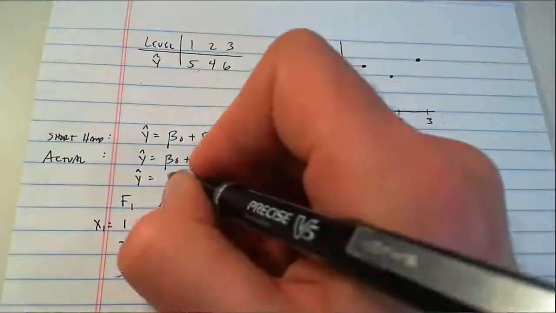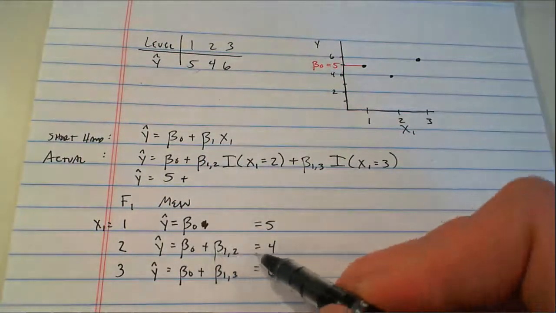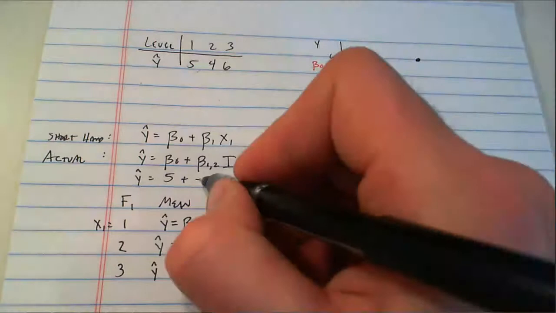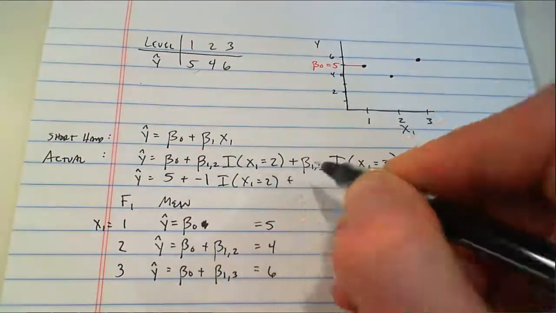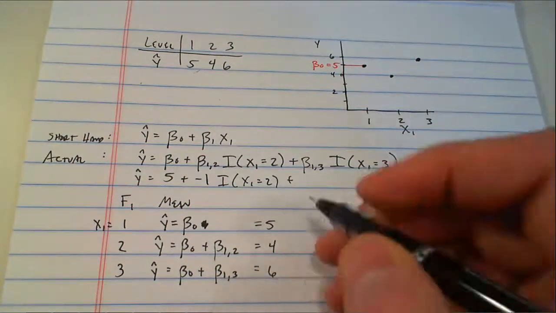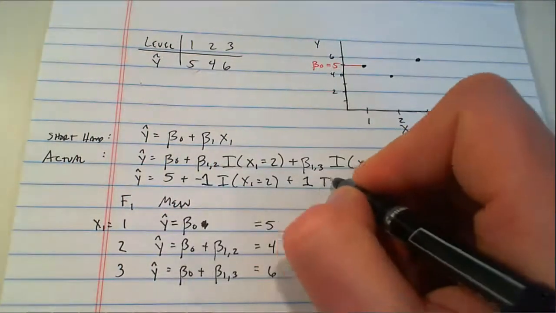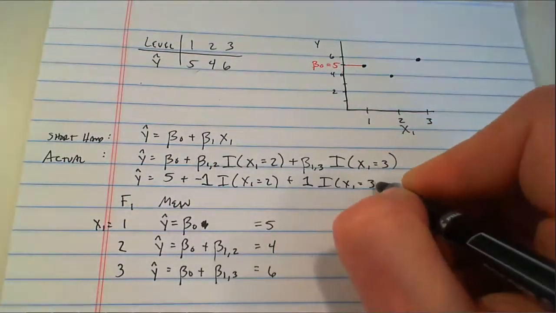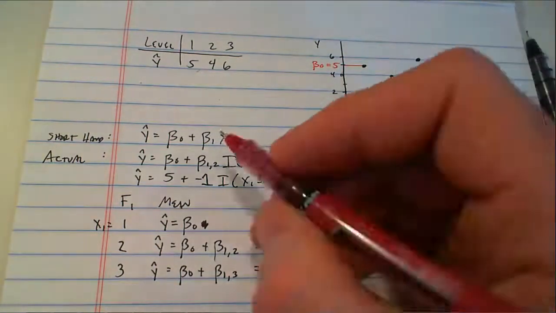Y hat equals 5 plus, so how do I get 4 here? This has to be a minus 1, indicator x1 equals 2, plus, how do I get up from 5 to 6? In this case, beta 1,3 has to be a positive 1, indicator x1 equals 3.